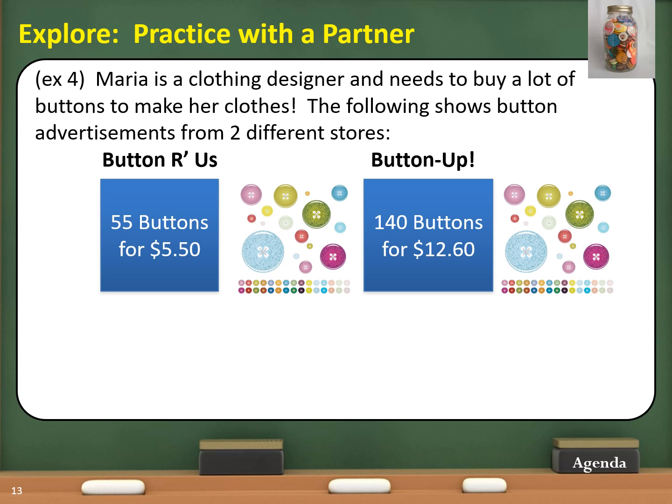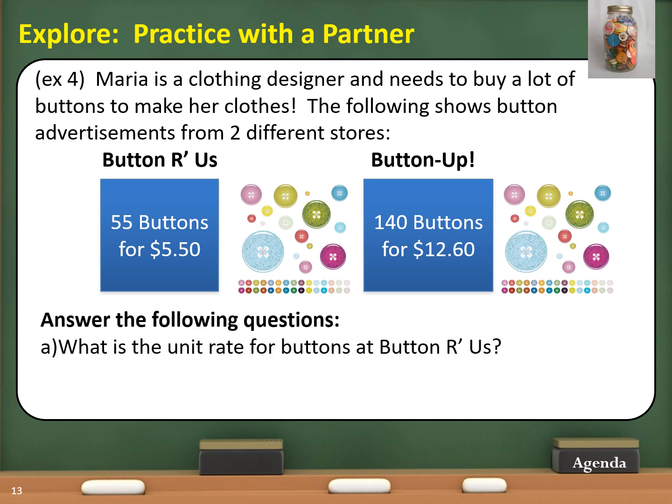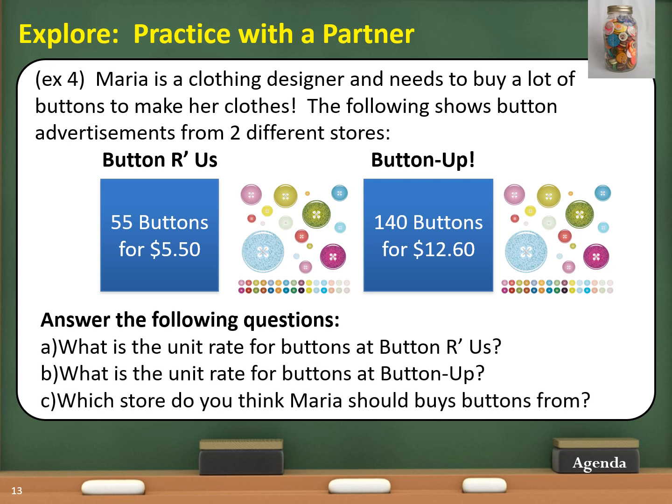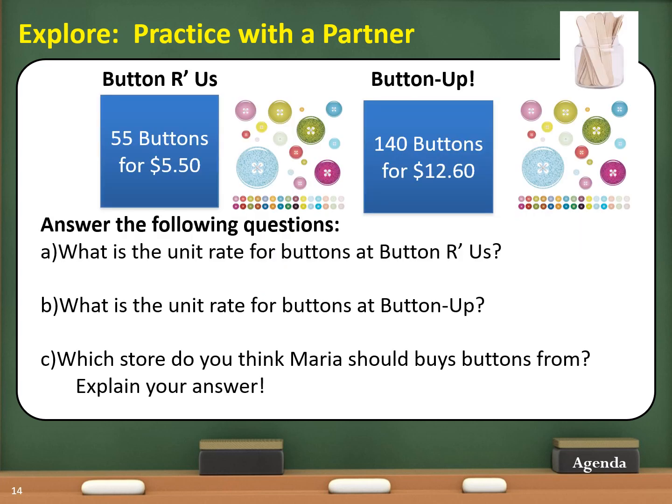Understand? Yes. What is the unit rate for buttons from Button R-Ups and from Button Ups? And which store do you think Mariah should buy buttons from? The answer goes like this.